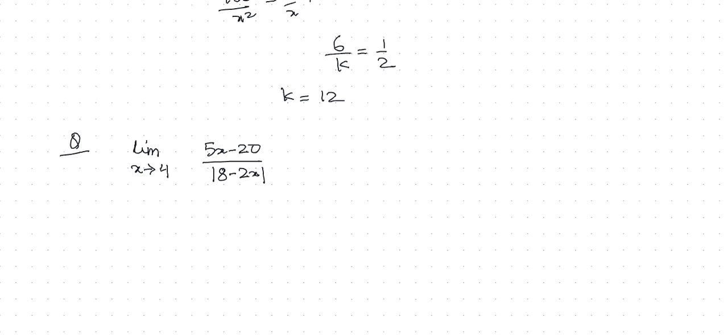So we'll take the common factor out. So this is x minus 4 and this is the absolute value of 4 minus x.